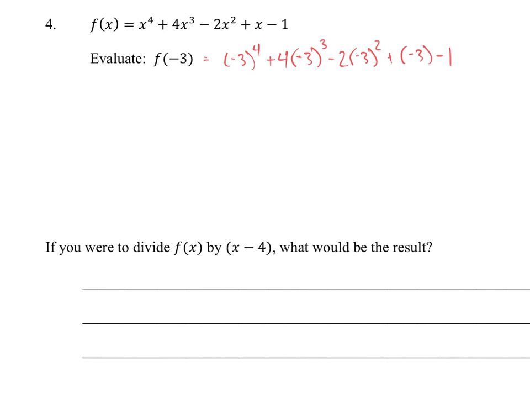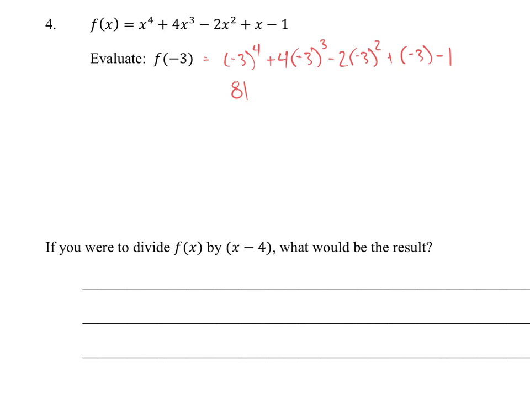-3 to the 4th is -3 times -3 times -3 times -3. -3 times -3 is 9, times -3 is -27, times -3 is a positive 81. This is a mistake a lot of people were doing when they put it into their calculator.